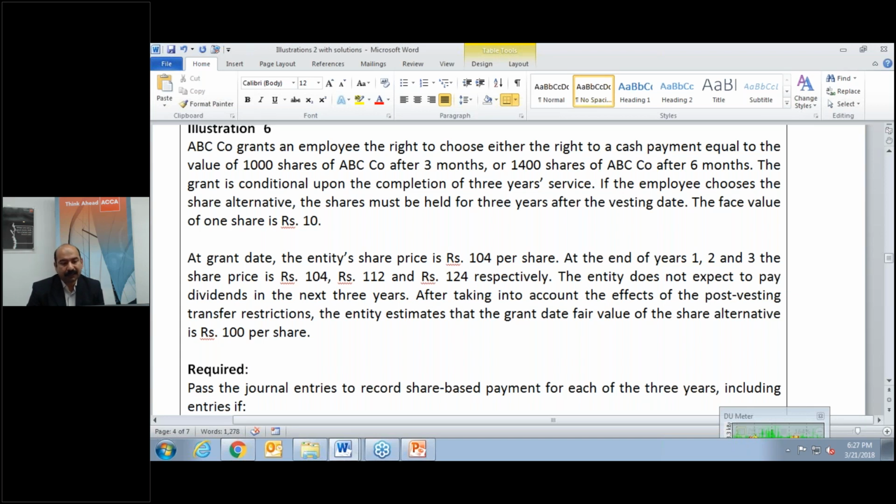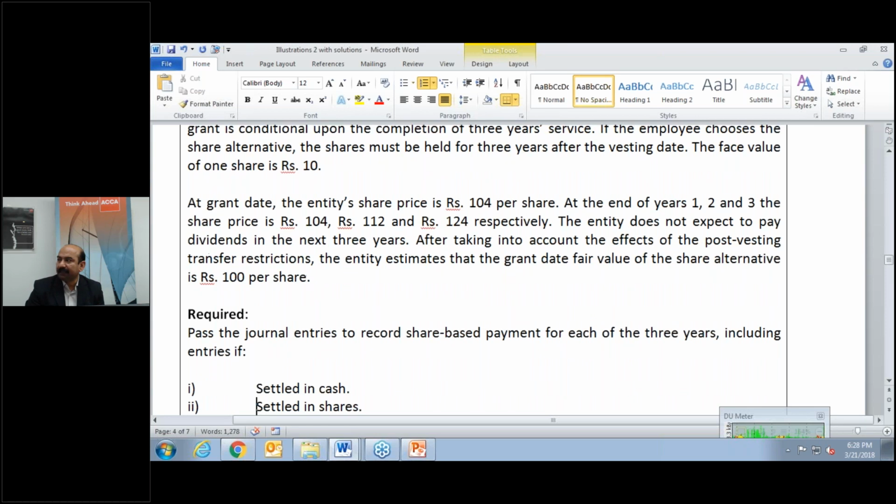The entity does not expect to pay dividends in the next 3 years. After taking into account the effects of the post-vesting transfer restrictions, the entity estimates that the grant date fair value of the share alternative is rupees 100 per share. Pass the journal entries to record share-based payment for each of the 3 years, including entries if settled in cash, settled in shares.